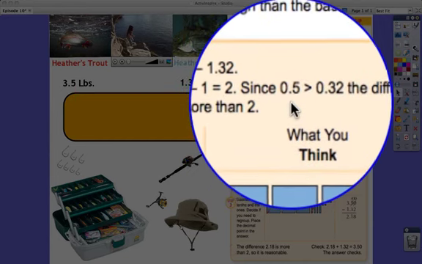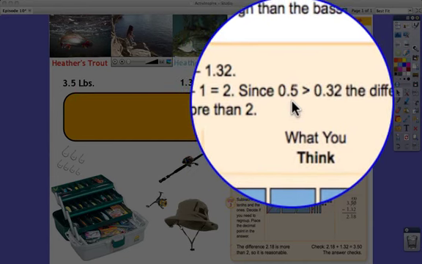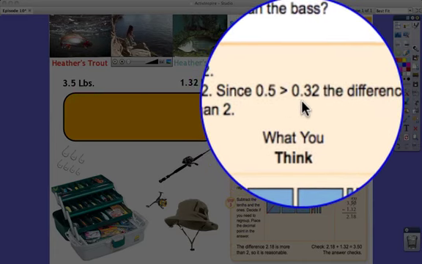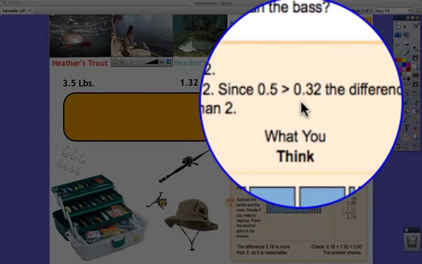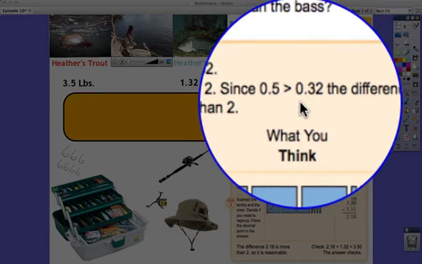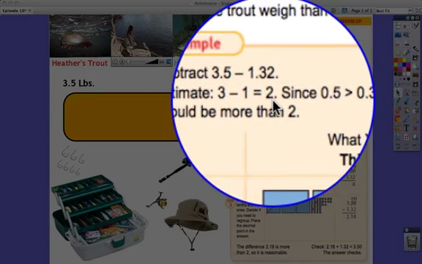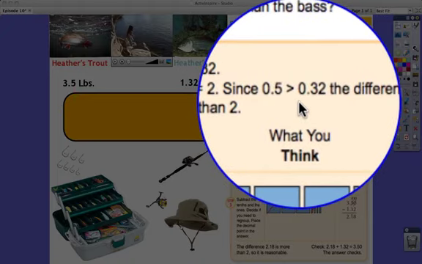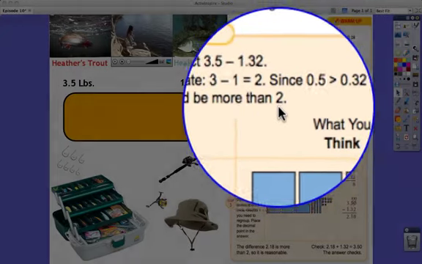Now, since 0.5 of the 3.5 is greater than 0.32 of the 1.32, the difference should be more than 2. Do you understand? Because 2 plus whatever we get when we subtract these two numbers will definitely be more than 2.